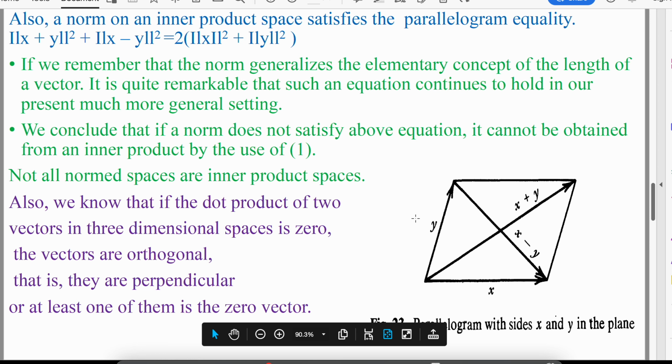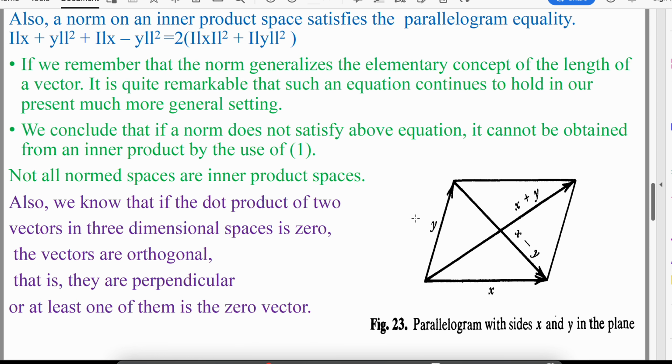We know that norm generalizes the elementary concept of length of a vector. So such an equation continues to hold in our present situation in a much more general setting. We conclude that if a norm does not satisfy the above equation, it cannot be obtained from an inner product. So not all norm spaces are inner product spaces.